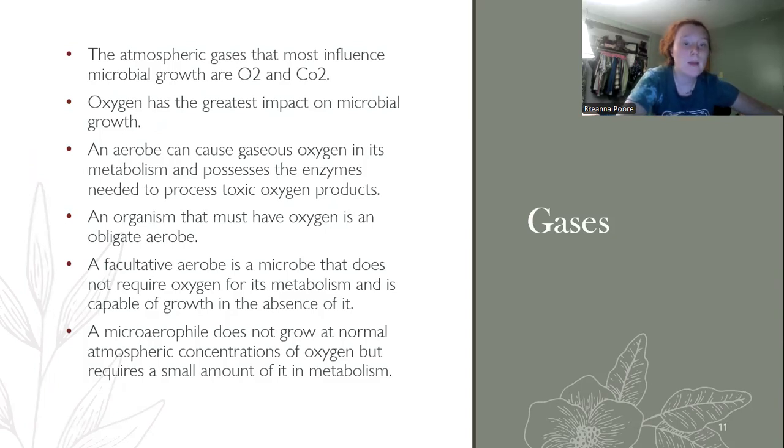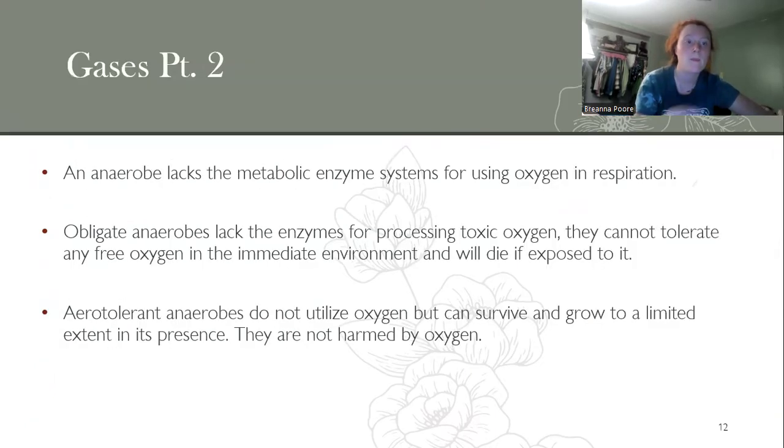An organism that must have oxygen is an obligate aerobe. A facultative anaerobe is a microbe that does not require oxygen for its metabolism and is capable of growth in the absence of it. A microaerophile does not grow at normal atmospheric concentrations of oxygen, but it does require a small amount of it in its metabolism.